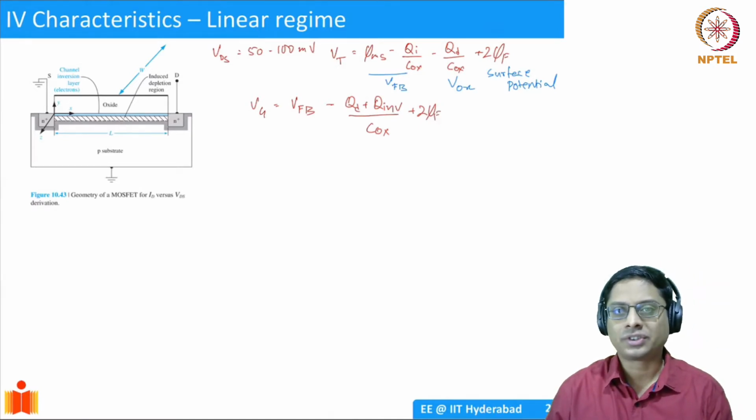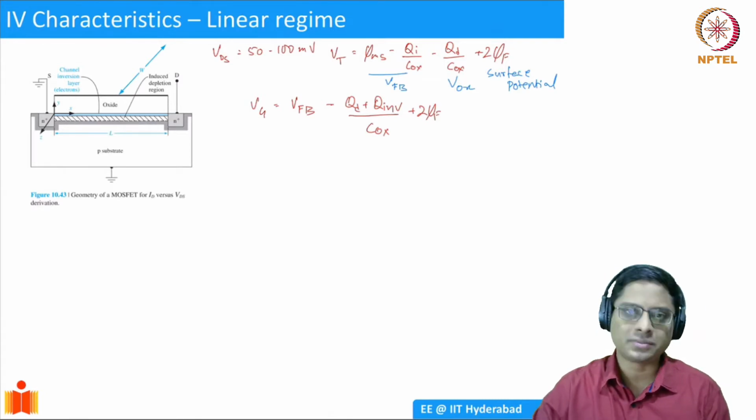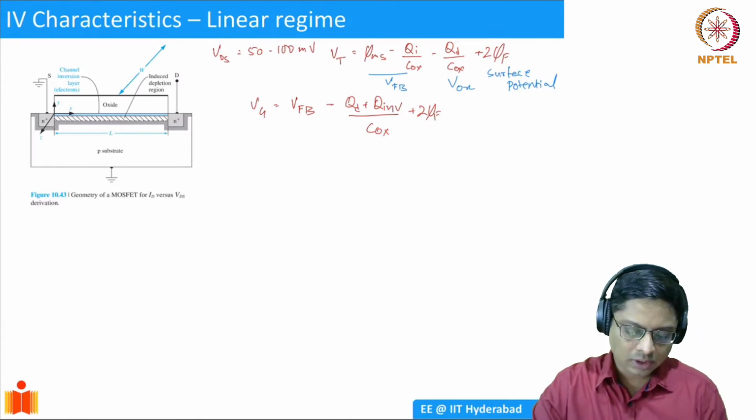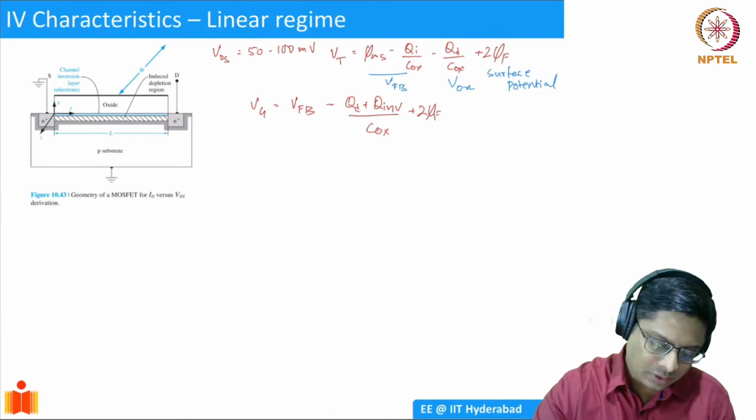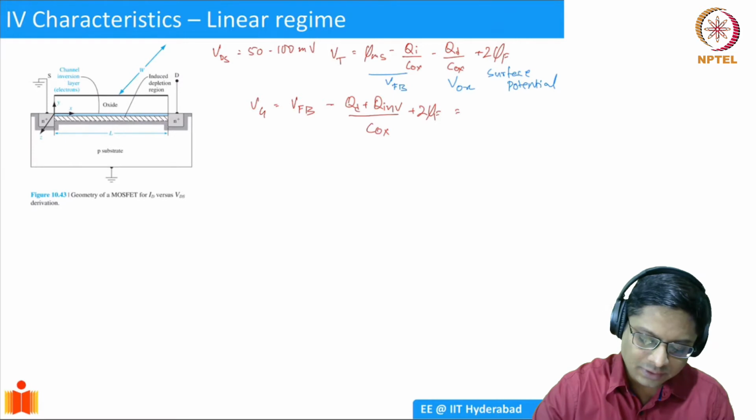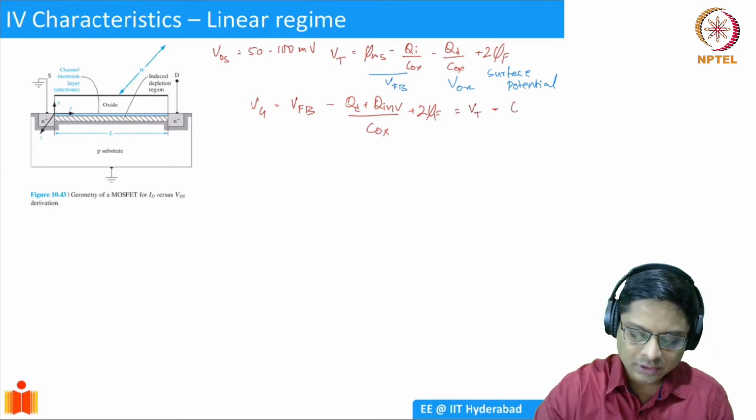Surface potential doesn't change. It reaches the maximum value of 2 phi_f and stays there. That's the delta depletion approximation. In reality, there will be a small change, which is negligible for our purposes. So I can simplify this as simply VT minus Q inversion divided by Cox.